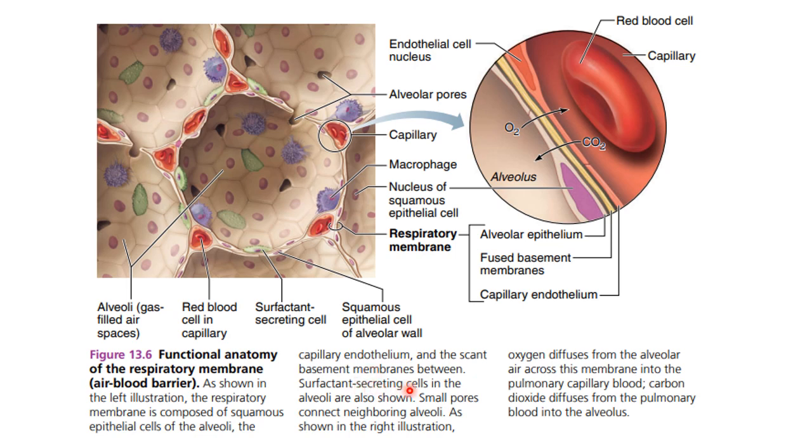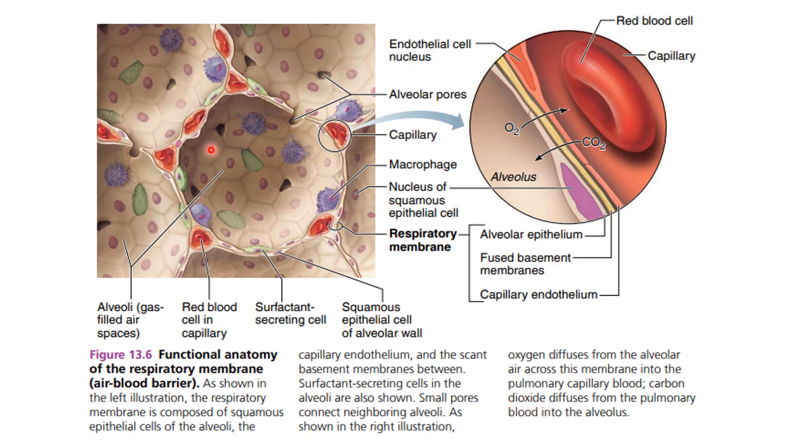Surfactant secreting cells, which are your pneumocyte type 2, are also shown. Small pores connect neighboring alveoli, and these are your pores of Kohn. As shown in the right, oxygen diffuses from the alveolar air across this membrane into the pulmonary capillary blood. Carbon dioxide diffuses from the pulmonary blood into the alveolus.